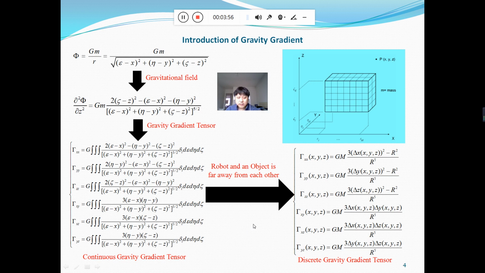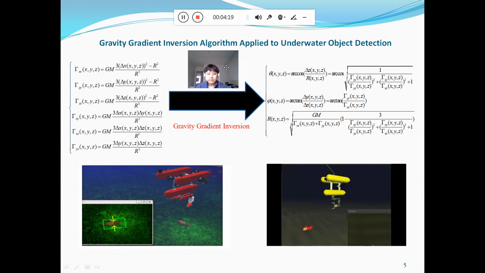If there is a big distance between the mobile robot and the object, we can use this discrete gravity gradient tensor to represent the gravity gradient anomaly caused by this object. After getting this discrete gravity gradient tensor, we can use some mathematical calculations to get these equations.